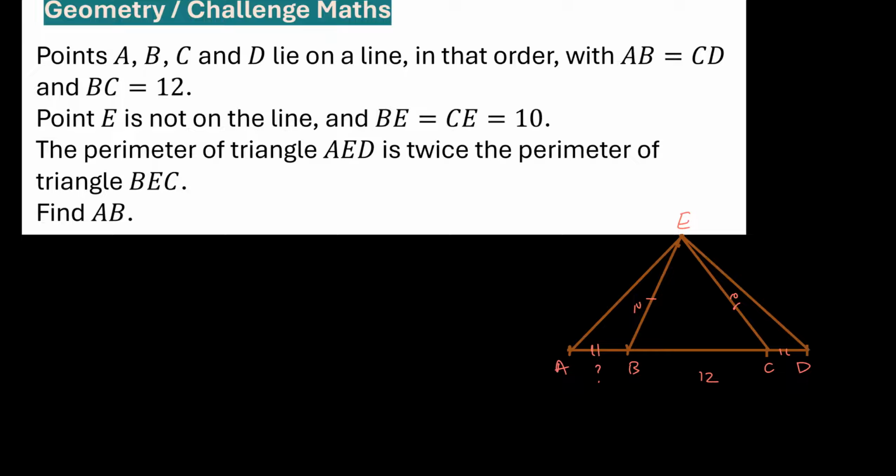So what is this length CD? We make use of a bit of algebra here. First of all, these two triangles ABE and ECD, I say they are congruent. It's important to know that AEB and ECD are congruent.